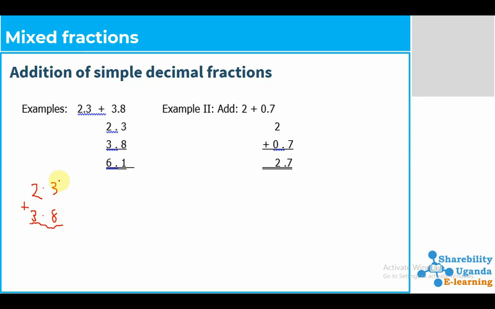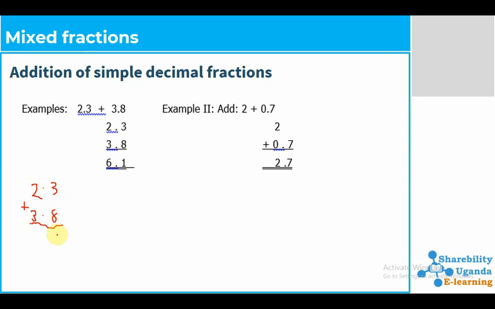Remember, when we are talking about place values, we said the number after the point is read as tenths. The number which is before the point is read as ones. Okay, so we shall be able to add these numbers which are in the place values of tenths, and these numbers which are in the place values of what? Place values of ones.